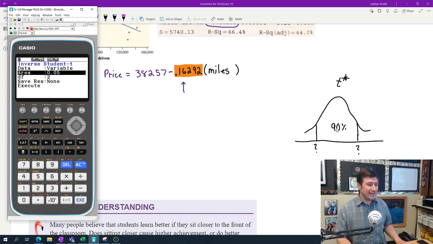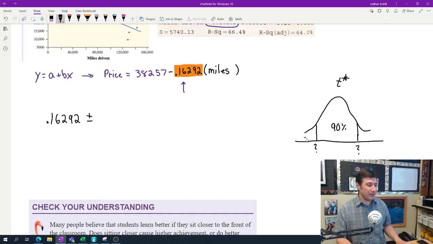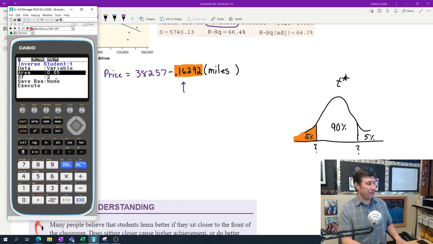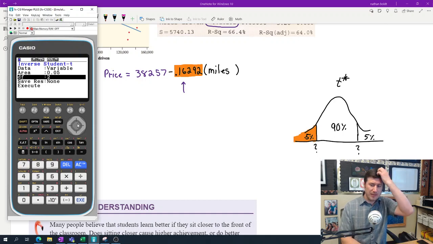Well, if it's 90% in the middle, it's 5% on this tail, 5% on that tail, and the inverse functions are always the area to the left, right? So if I want this boundary, the thing I have to type in is 5% here. 5%. Ooh, degrees of freedom.